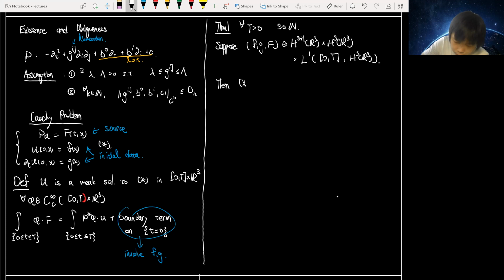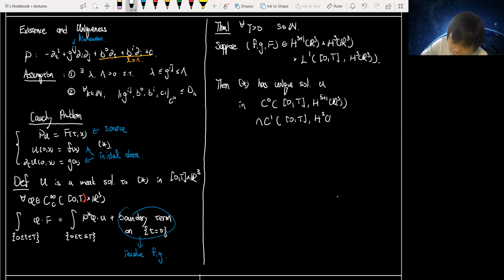Then star has a unique solution u, which lies in C^0 from 0 to capital T, maps to H^(s+1), and if we take one time derivative, C^1 from 0 to T, H^s(R^3).